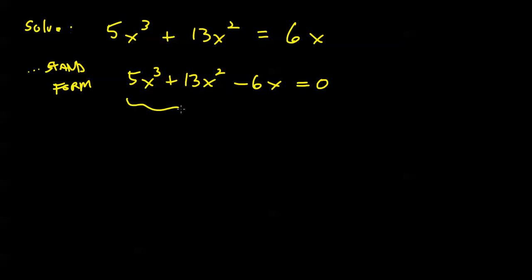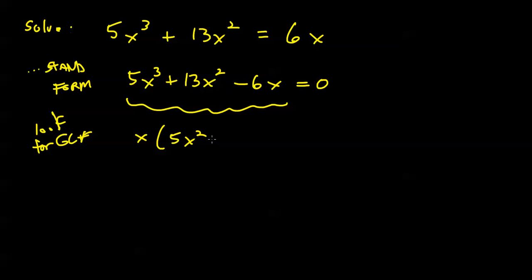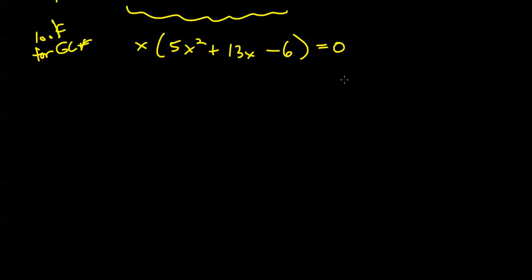I can factor out a GCF. You should always look for a GCF first. As we've said many times, look for GCF, and I can factor out an x, can I not, from that trinomial expression, 5x squared plus 13x minus 6 equals 0. So I factored a GCF out, and I think I can factor this even further.